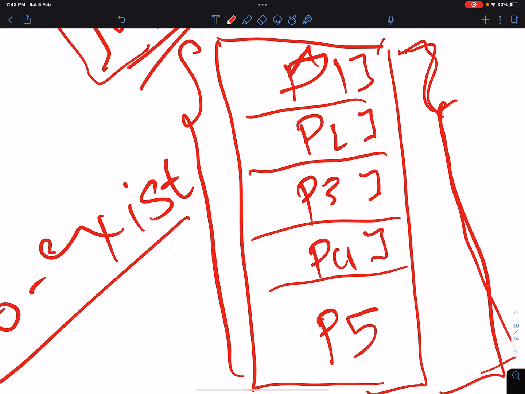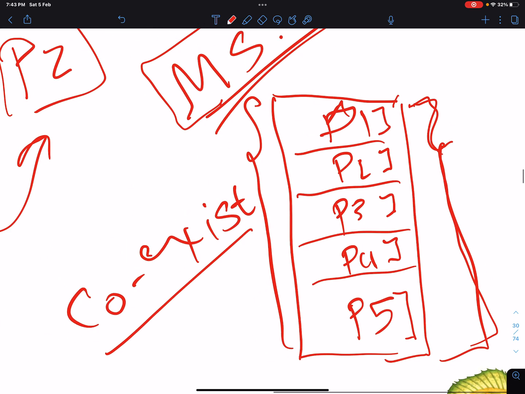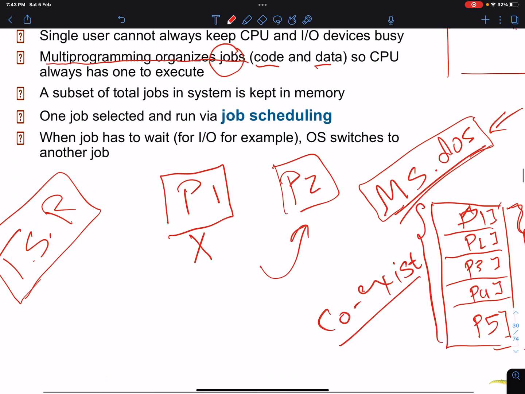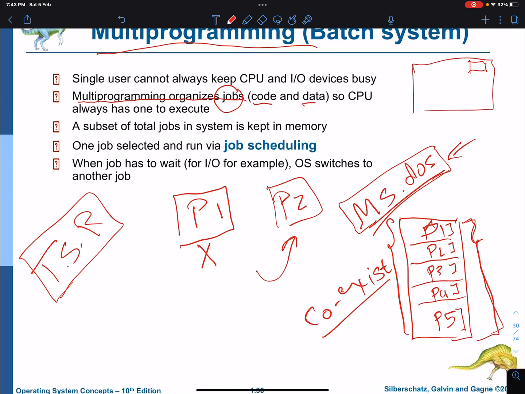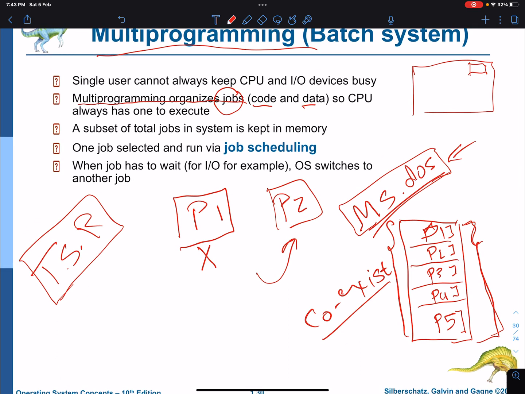Some references in operating systems do distinguish between a job and a program. For the book that I'm using as a reference, the authors use job and program interchangeably. So they mean the same thing whether they say a job or a program.